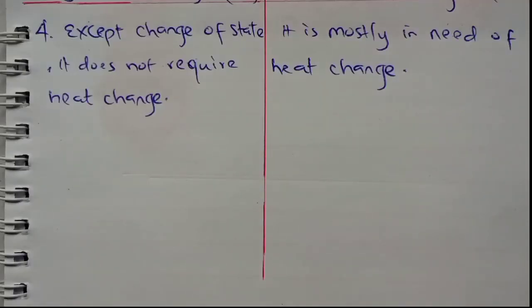For the physical change, if we remove the change of state, the combination does not actually require a heat change. But to be frank, 99.999% of all chemical reactions require a heat change. That is actually why it forms a new substance.